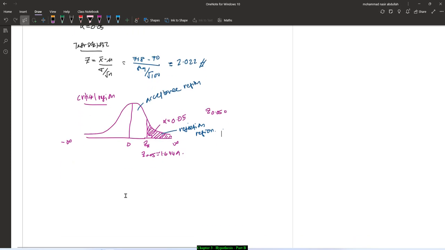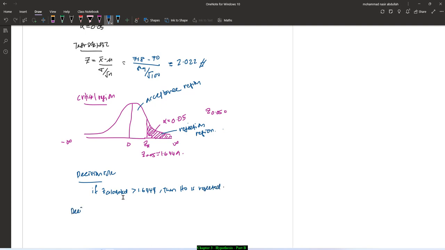Since we already know the acceptance region and the rejection region, we need to create a decision rule. If Z calculated is more than 1.6449, which is the critical value, then the null hypothesis is rejected.